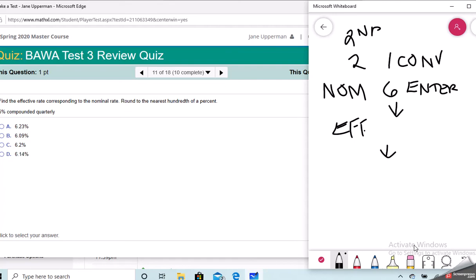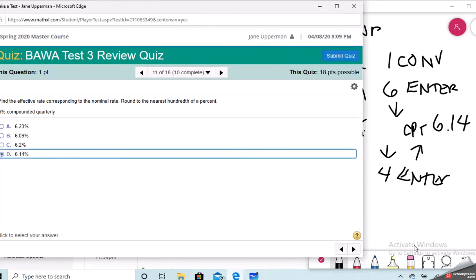So we're going to go past that and then go down to the last field, which is C/Y, which stands for compounding periods per year. In this case, it's quarterly, so that's 4. So we'll type in 4 and push enter. Then we're going to arrow back up and push compute on that EFF field. And that gives us 6.136 or 6.14. So then that is going to be D.